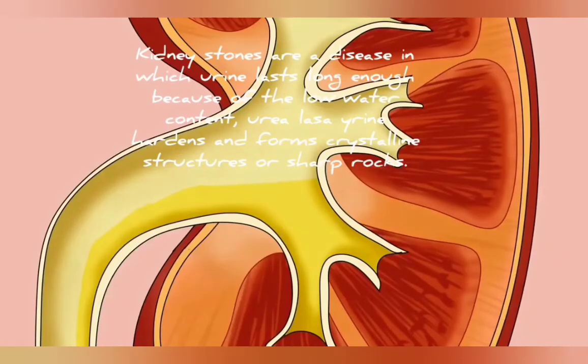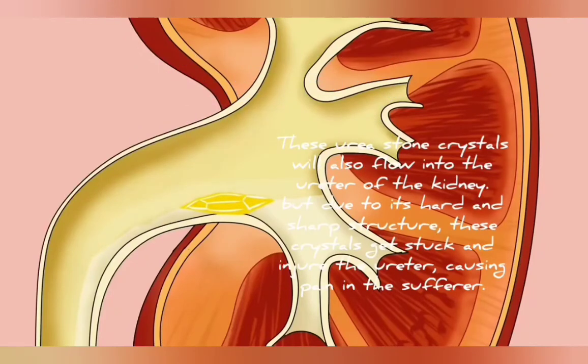Urea in the urine hardens and forms a crystal structure, or sharp stone. This crystal will flow into the ureter of the kidney, but due to its hard and sharp structure, it gets stuck and injures the ureter, causing pain in the sufferer.